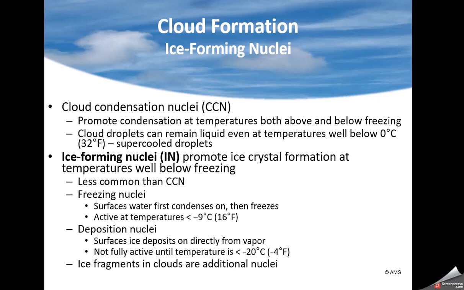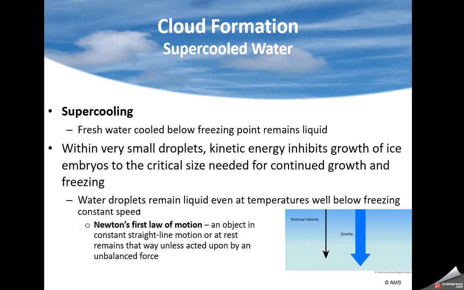And generally this occurs at around -9 degrees Celsius or 16 degrees Fahrenheit. So a lot of times we have moisture in the cloud, water in the cloud that's well below freezing. So it's supercooled. But once these ice nuclei begin to occur, we begin to get more and more ice forming with them as it gets colder. So they gradually change over to all ice.